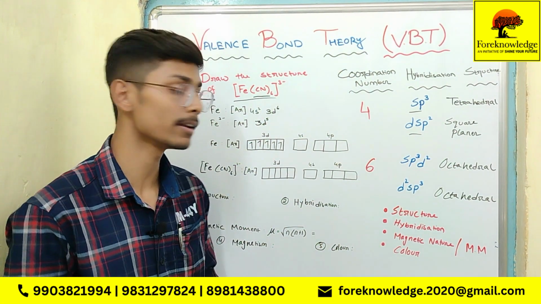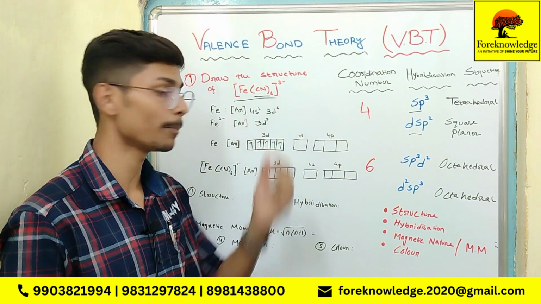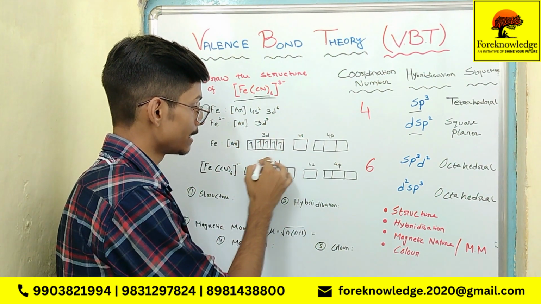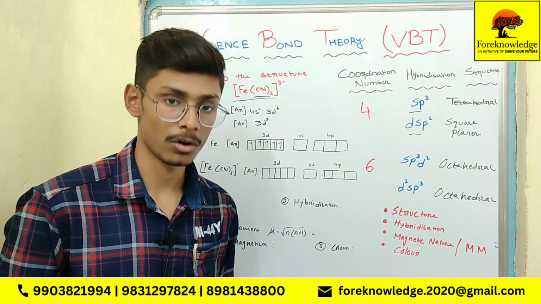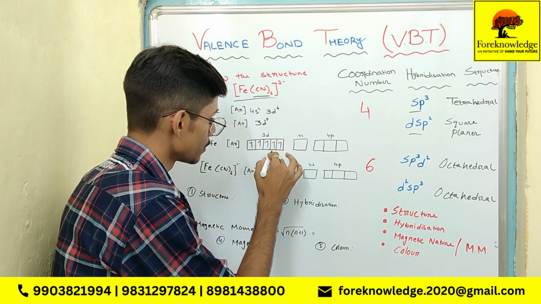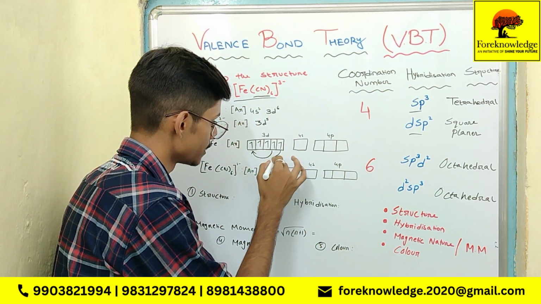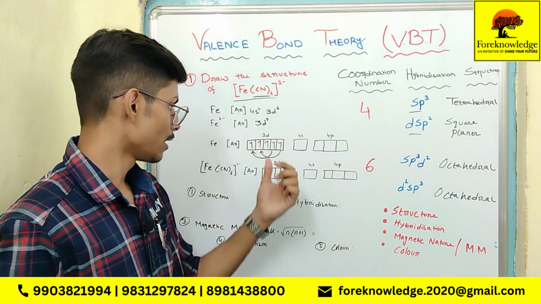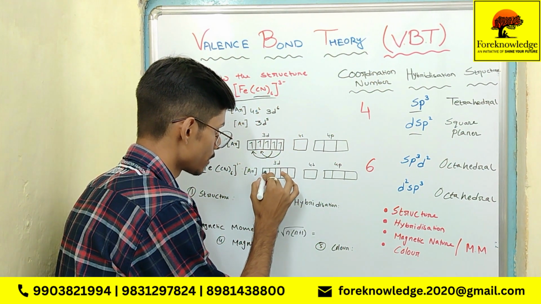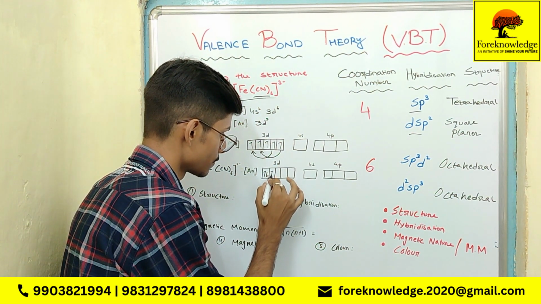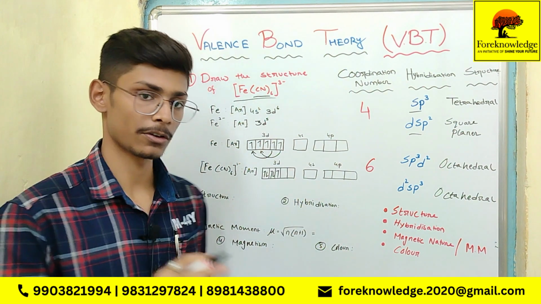When a strong field ligand is present in the compound, pairing of electrons occurs. So this electron will go here and this one will go here. After going, it will look like this. So pairing of electrons is done.